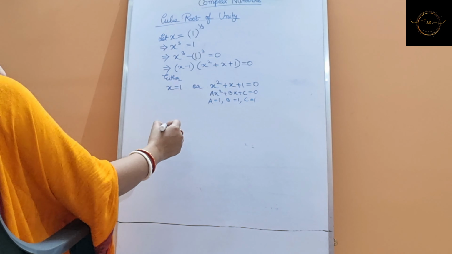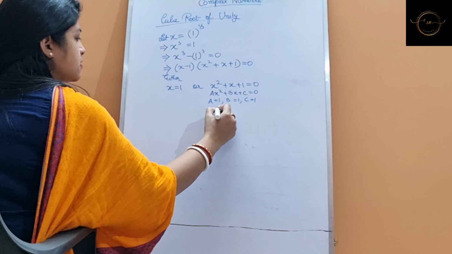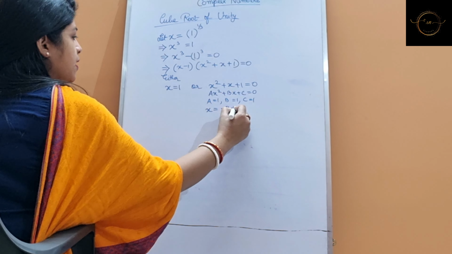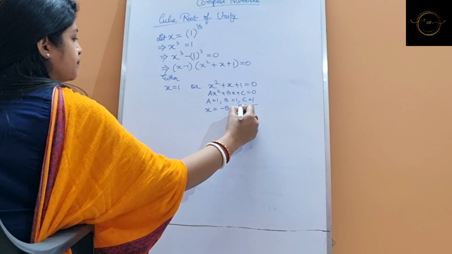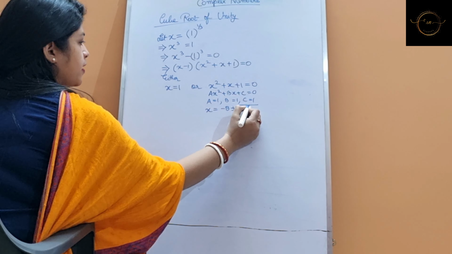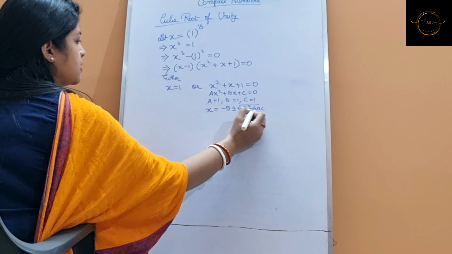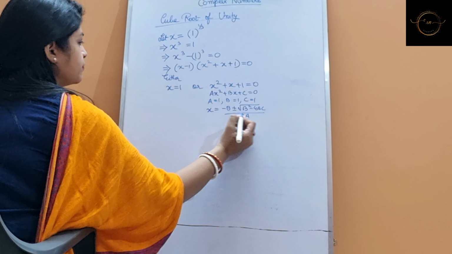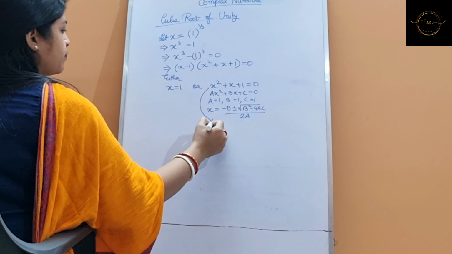We can use the Shridharacharya formula: x is equal to minus b plus minus under root b square minus 4ac, by 2a.